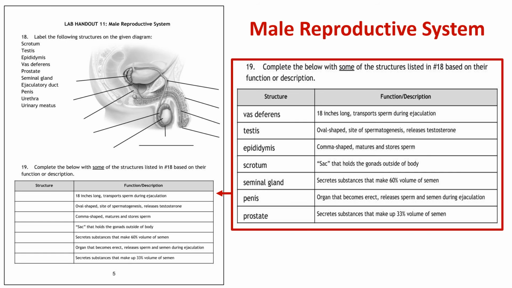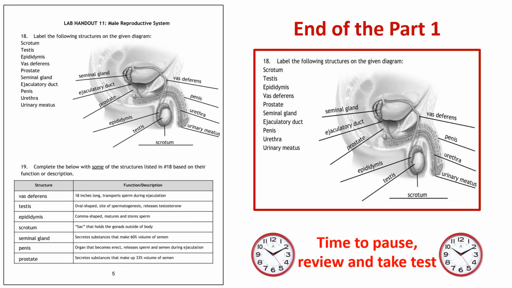Prostate, secretes substance that make up 33% volume of semen. This is the end of part 1 of the male reproductive system. Now take a moment to pause this slide, review your answers, and then take your tests.